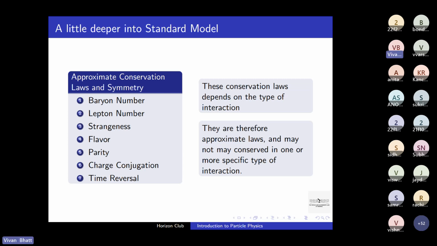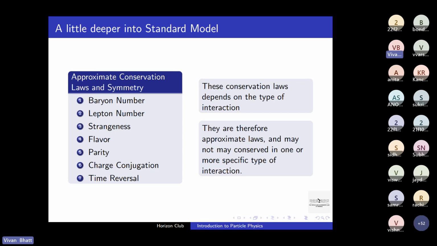Then after some time, you look at something called a neutral kaon. It has two states. You look at the decay of a neutral kaon or even neutral B meson. They oscillate between their two eigenstates, and we won't get into the detail of that because it's beyond the scope of this.